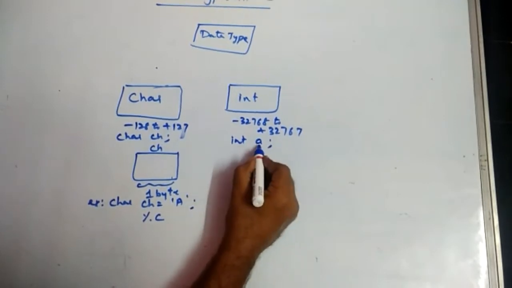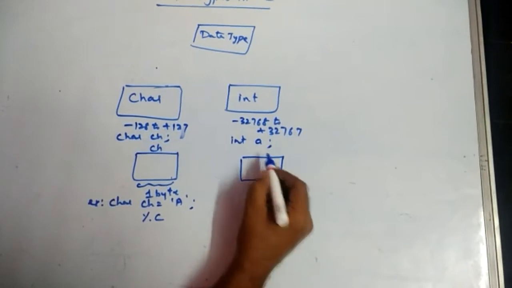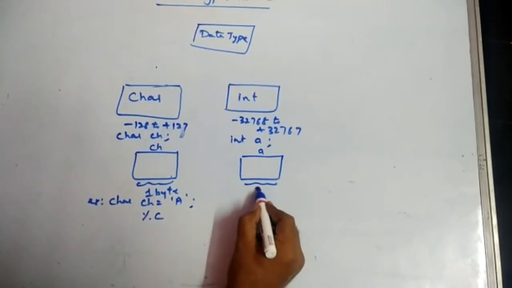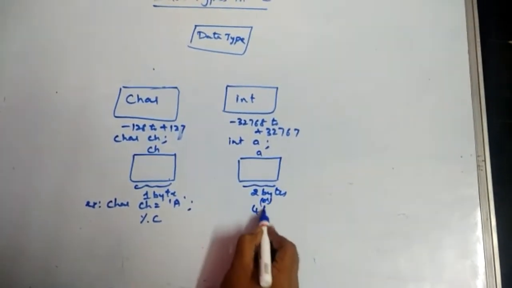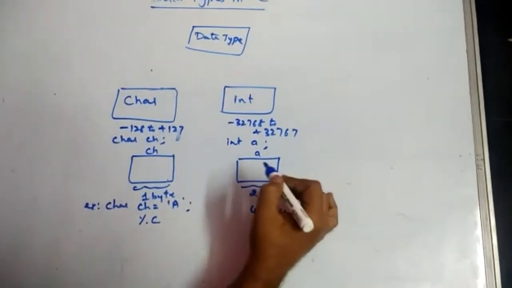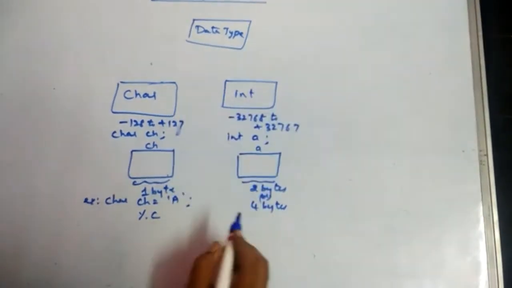Here a is the name of a variable of data type int. Memory has been allocated for the variable a. The size of this variable a is 2 bytes or 4 bytes, depending on the compiler. When you declare a variable of type integer, make sure you enter a whole number.